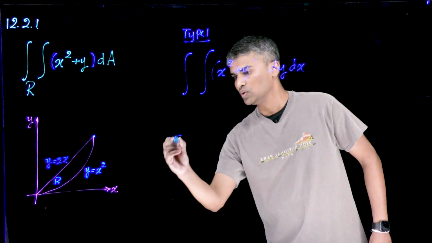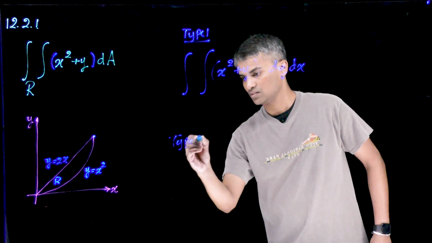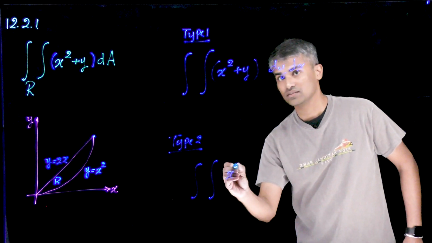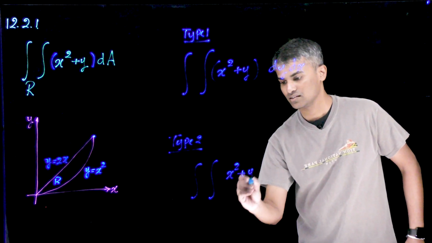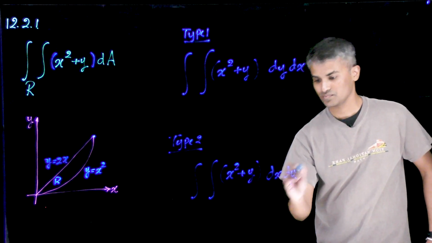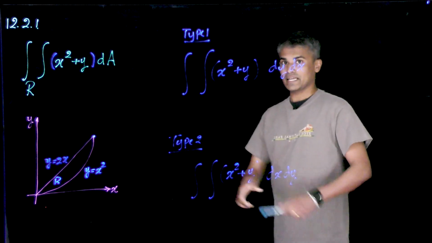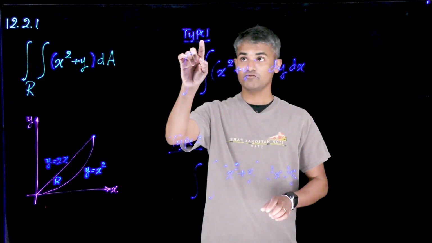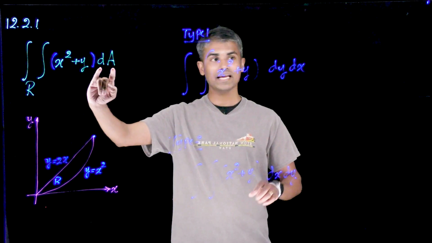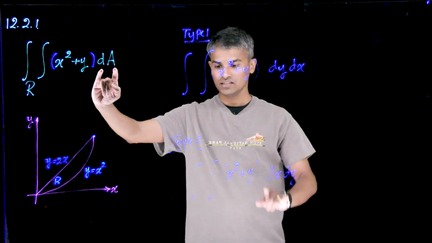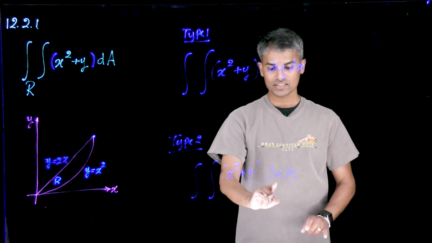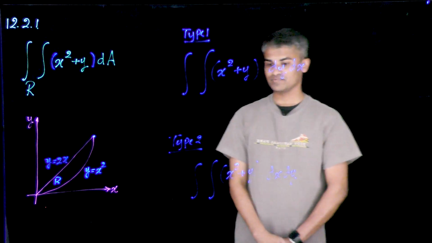In type 2 the order of integration is dx dy. Again, if you use a type 1 integral, then dA equals dy dx. If we use type 2 integrals, then the order of integration is dx dy.